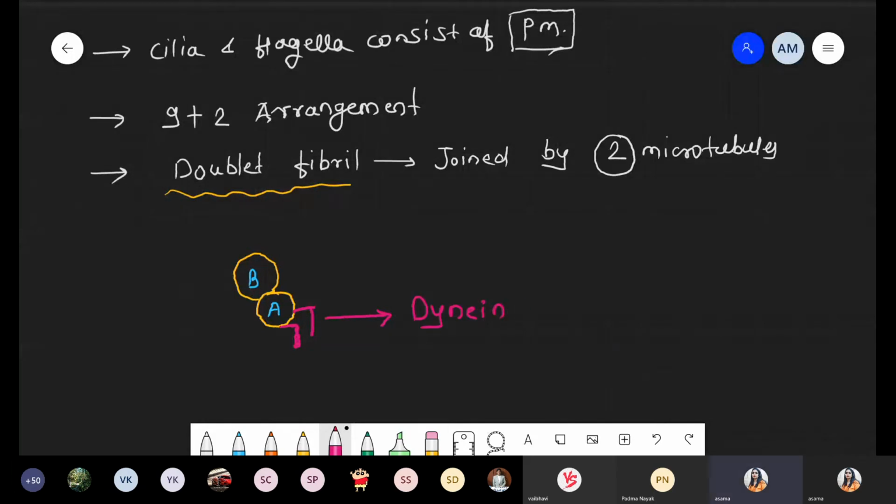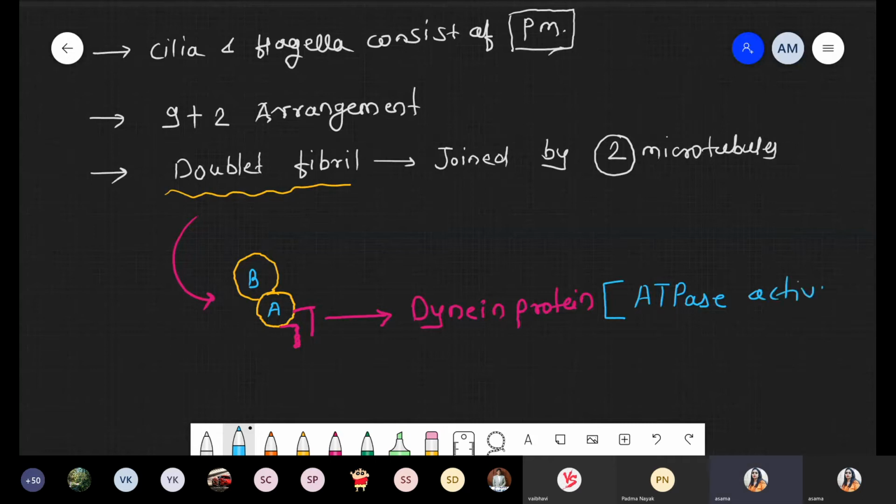So this is the entire structure of the doublet fibril, which consists of two microtubules and one specific type of protein, the dynein protein. This dynein protein has ATPase activity. ASE means it's an enzyme.